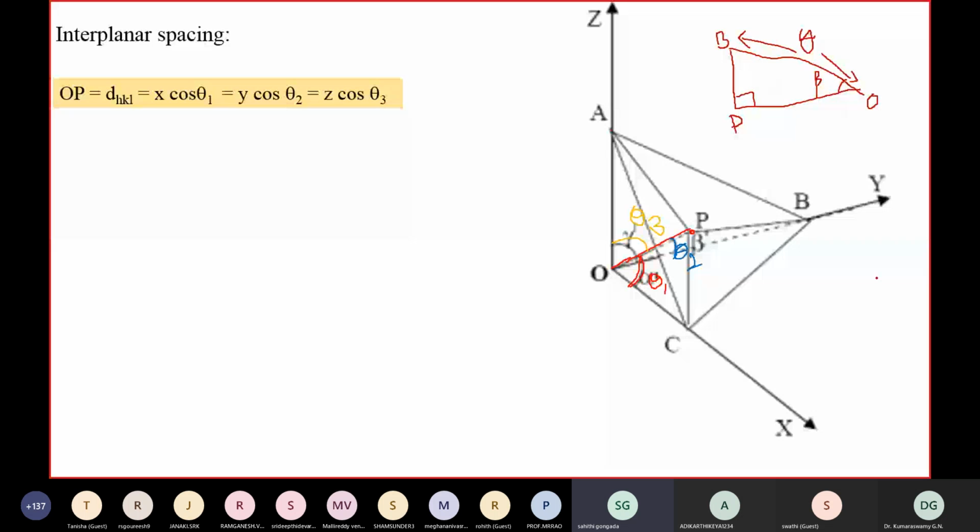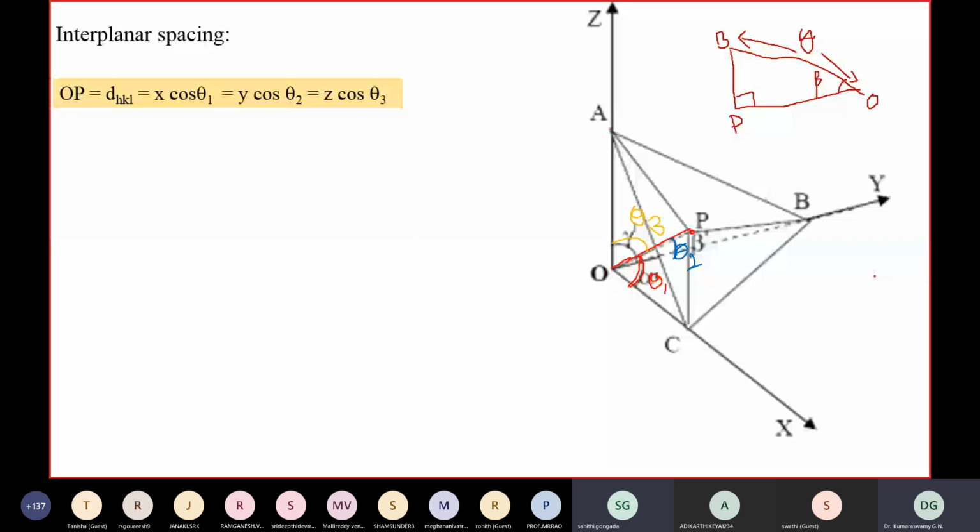Excuse me, sir. Sir, you said that at origin the plane passes through it, no, sir? That I explained, no? If you have not understood, I'll explain. Sir, whether O is middle of the plane or it is the corner point of the plane? Corner point of the plane. But that plane is not a small plane. It can extend as much as you want.